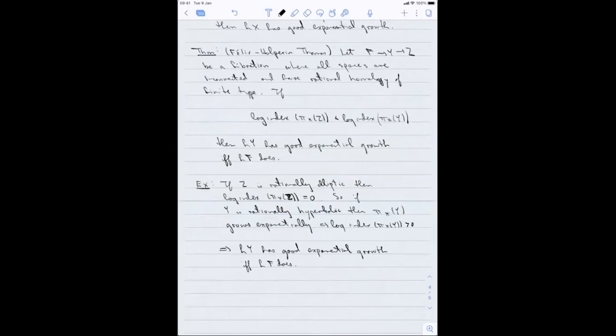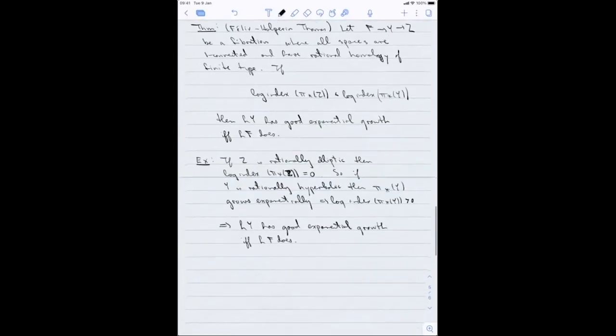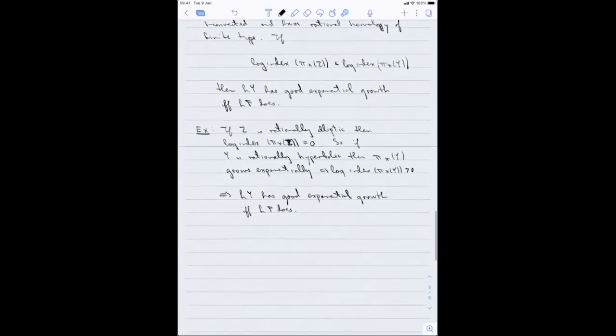So this theorem of Felix, Halpern, and Thomas works really well in the case where Z is rationally elliptic and Y is rationally hyperbolic. Now I'll recall a definition.